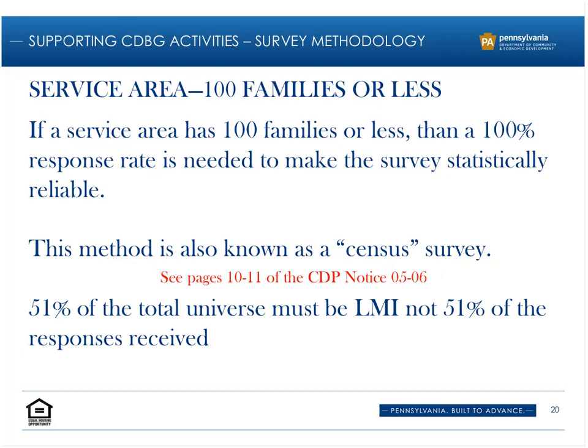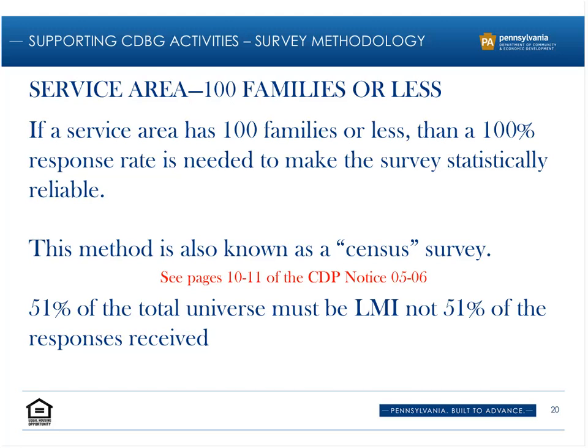Again, if you refer to pages 10 through 11 of that CPD notice, it walks you through this. You go after all of them because there's always going to be some non-responses, some vacancies that occur that you may not have been aware of, even if you've gone on site. So you need 100% response rate.